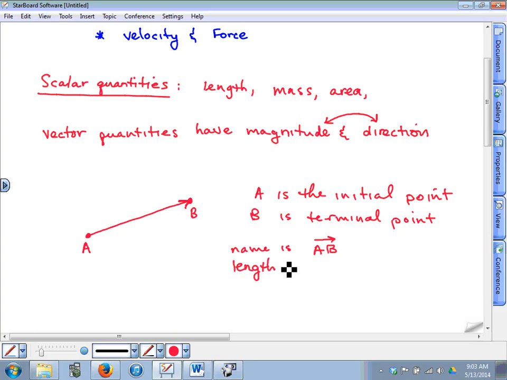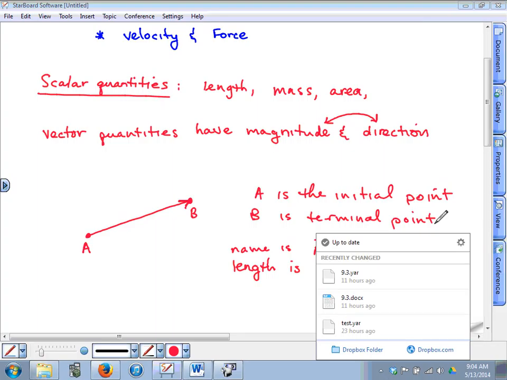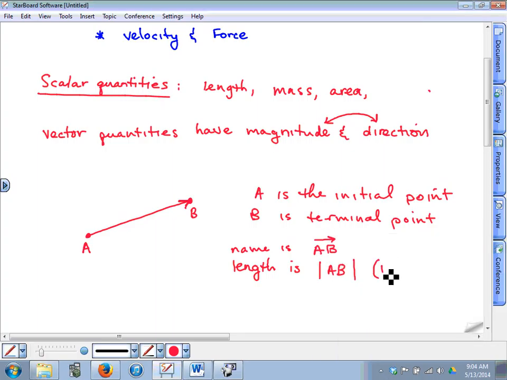The length, I think you guys know this, is denoted by this symbol. That's called the magnitude.